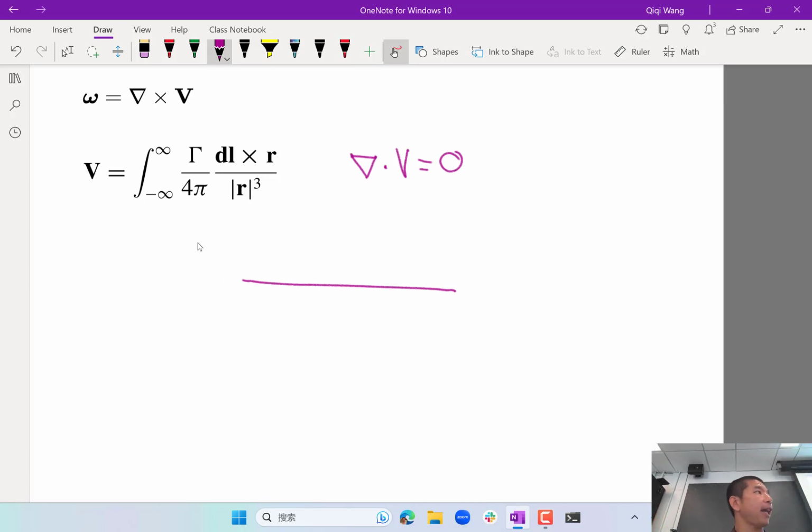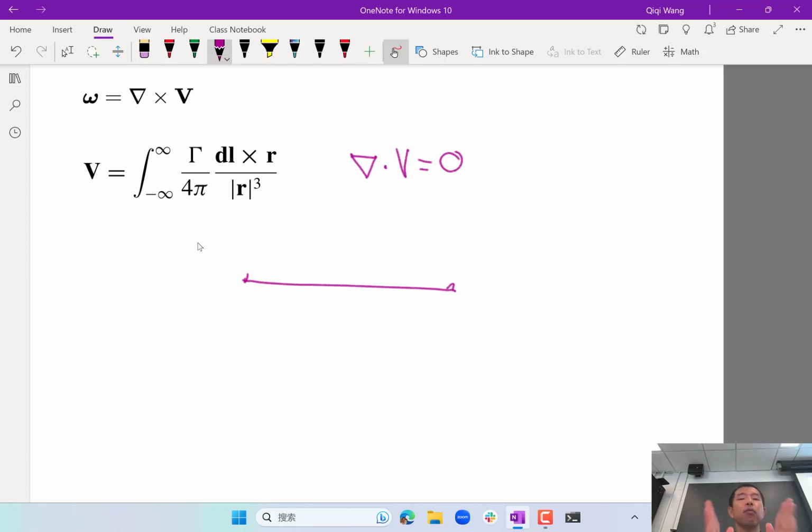We know a vortex cannot end, so we know the vortex cannot really begin at this point or end at this point, right? But the field induced by vortices are additive in the sense that if the vortex continues to infinity or even turns, we can add up the contribution from the different segments, right?